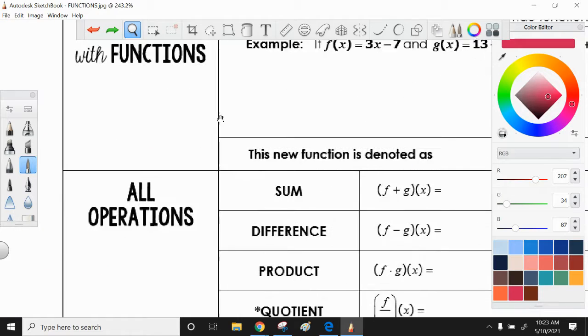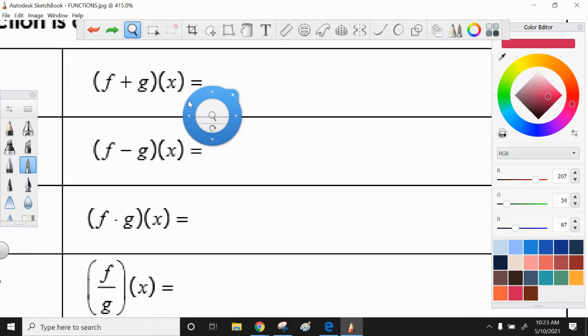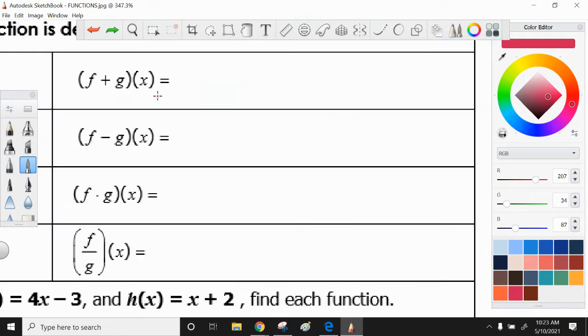And so when we see all of these, this looks a little bit different as well. We've got f plus g of x, f minus g of x. In some ways, I don't know that it's actually easier, but it's the same thing as if you have f of x plus g of x. My handwriting is actually good to start out today. We just basically smash these two things together to make it look like this.